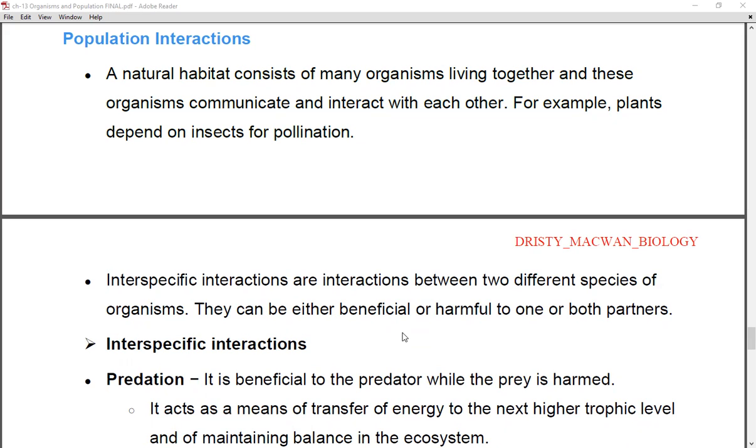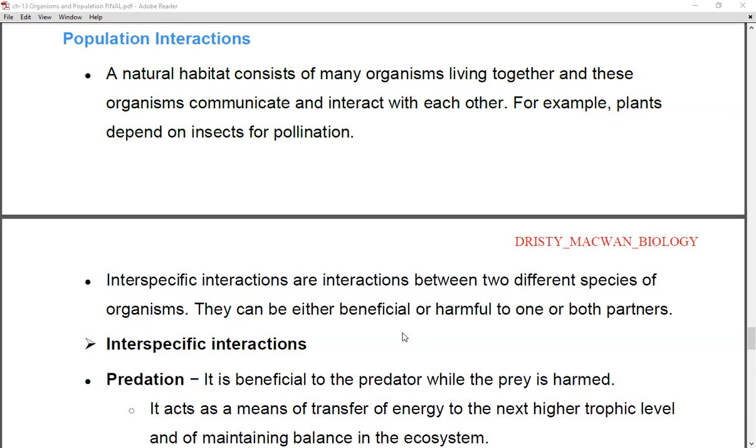Population interaction. The types of interactions observed between populations are known as population interaction. A natural habitat consists of many organisms living together, and these organisms communicate and interact with each other. For example, plants depend on insects for pollination.